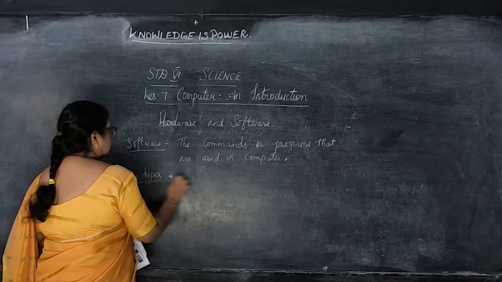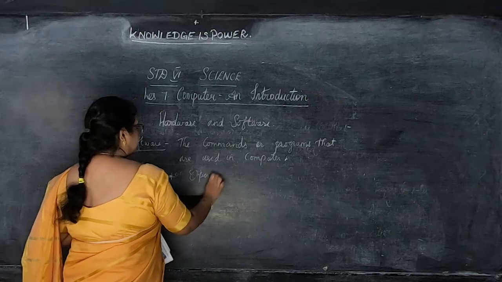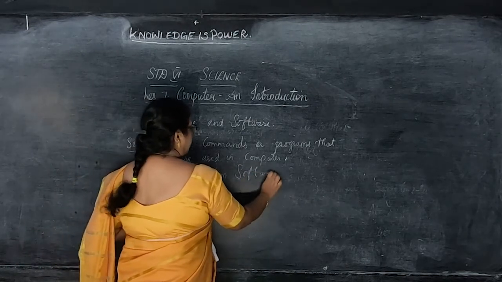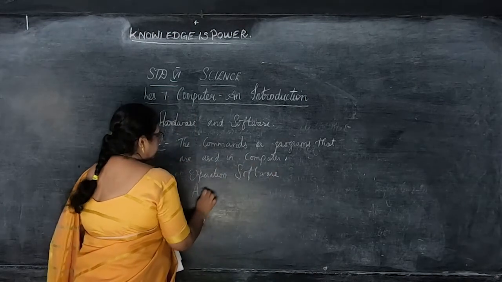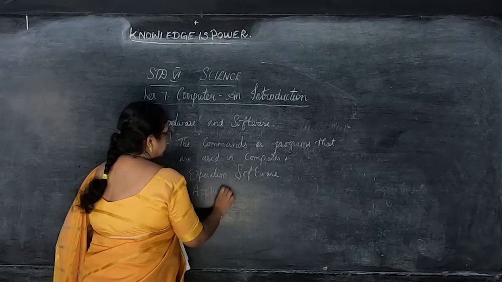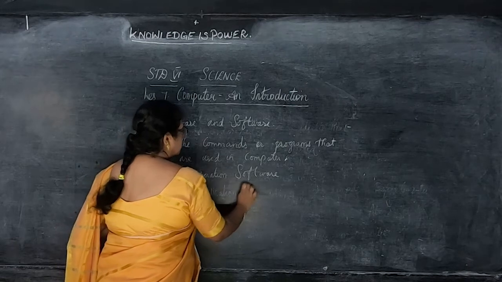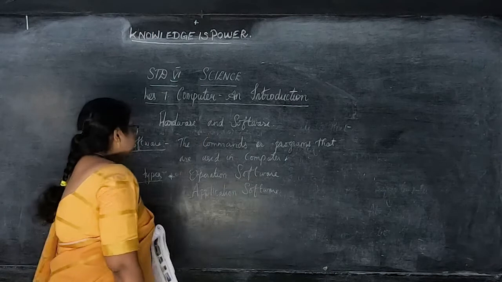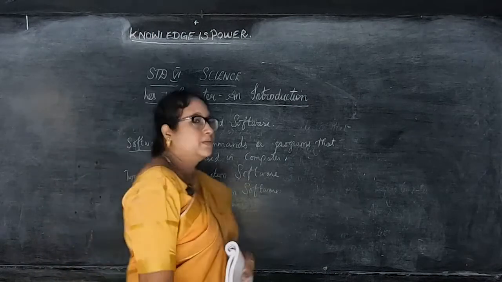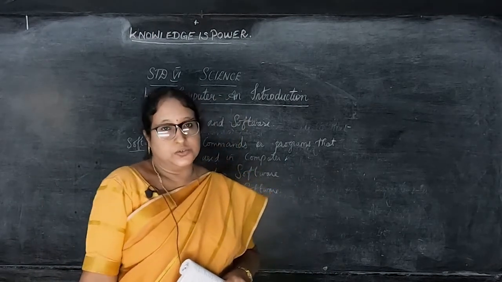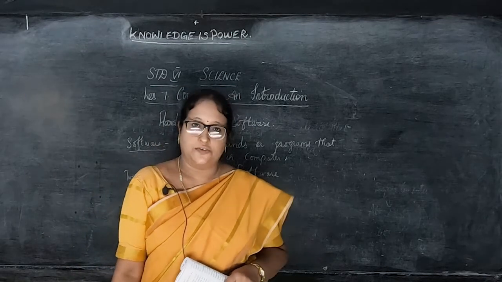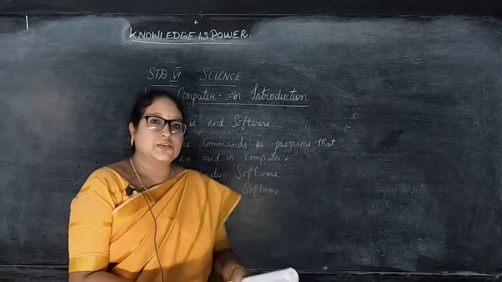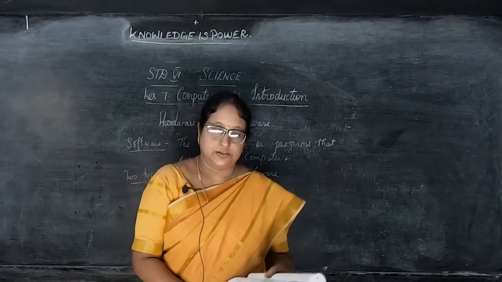So software, what is software? The commands or the programs that are used in the computer are called software, and they are of two types: operating software and application software.